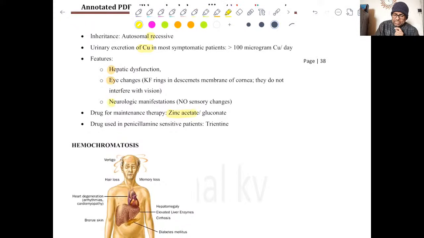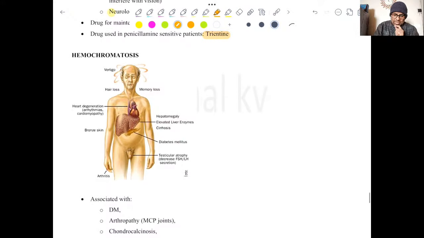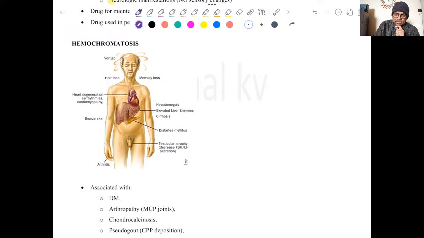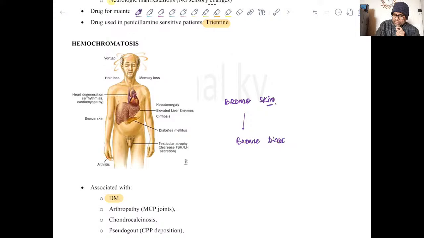We need to give zinc acetate or zinc gluconate, and if a person is not tolerating this, then we can go to the second line drug, that is trientine. Hemochromatosis, there is excess of hemosiderin in the skin, and that gives it a bronze skin. And since this condition is also associated with diabetes, sometimes we call it bronze diabetes.